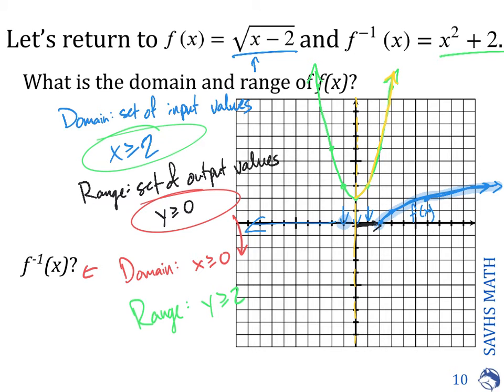And since our domain says x is greater than or equal to 0, we have to chop off this other half of the graph. So this part over here, the left part, is technically not the inverse, but the yellow part is the inverse.